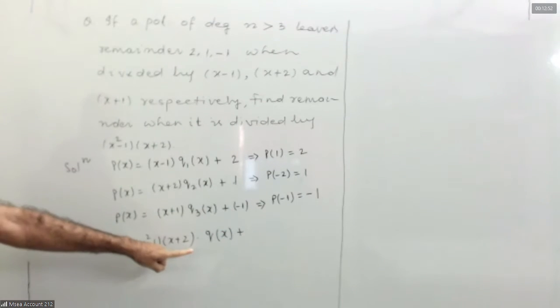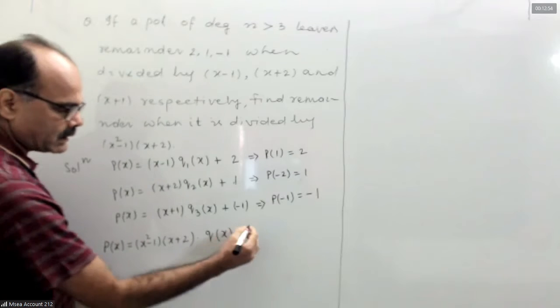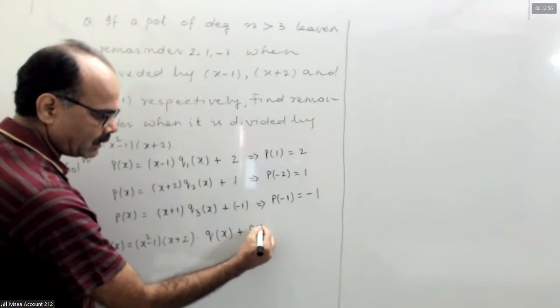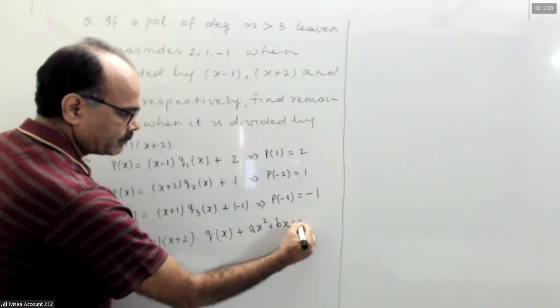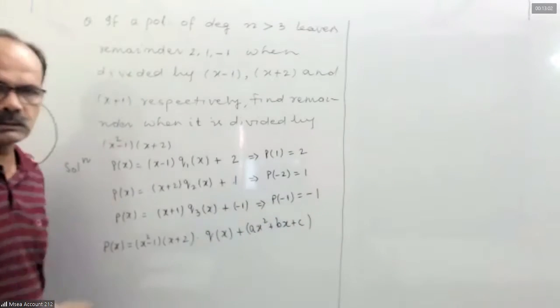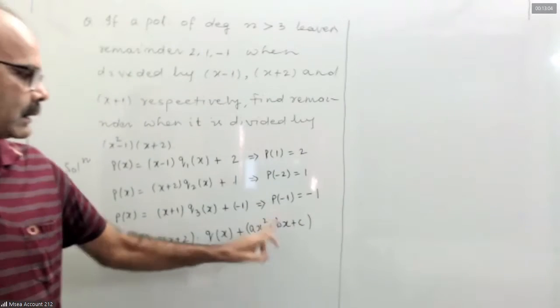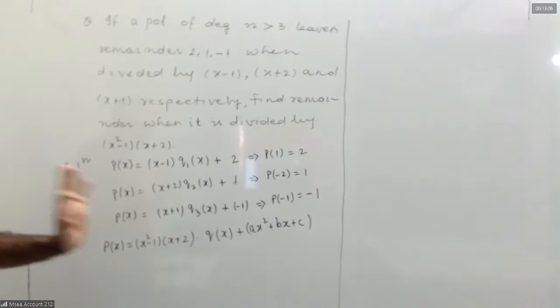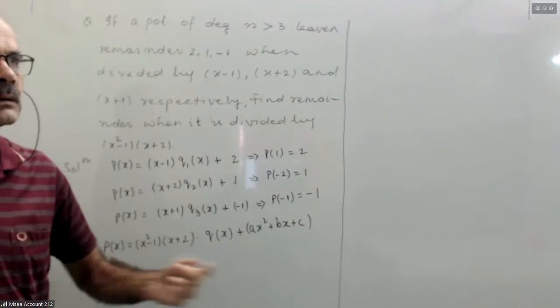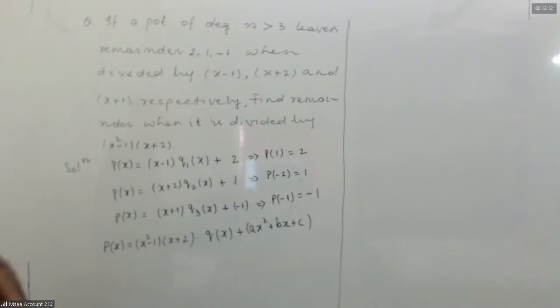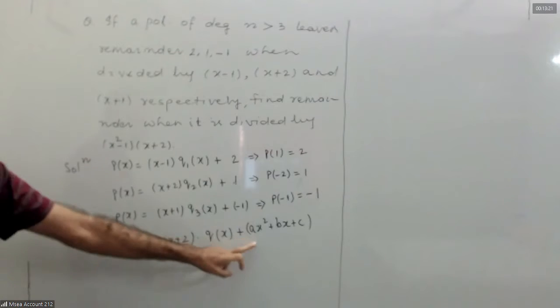Since we are dividing by a cubic polynomial, in general the remainder will be a quadratic polynomial, ax square plus bx plus c. Now we are looking for 3 unknowns A, B, C. To find these, we need 3 equations in A, B, C.